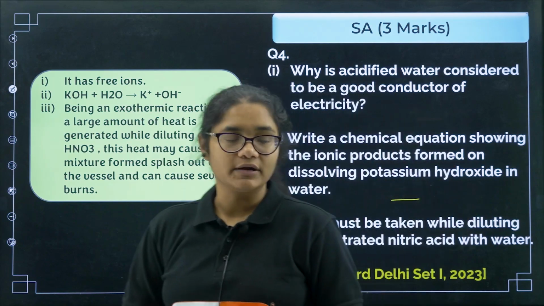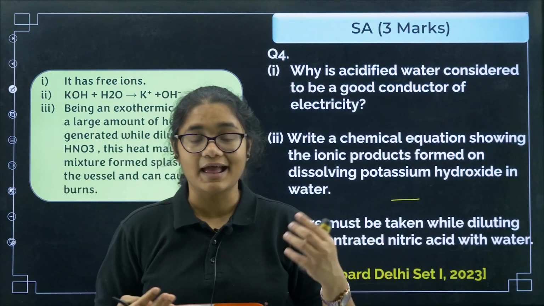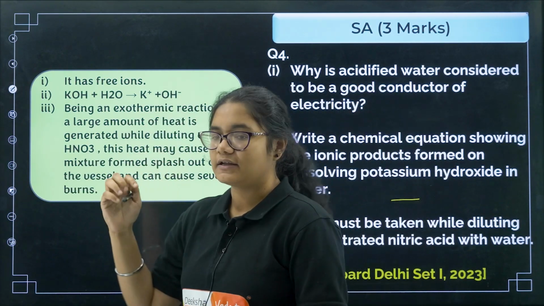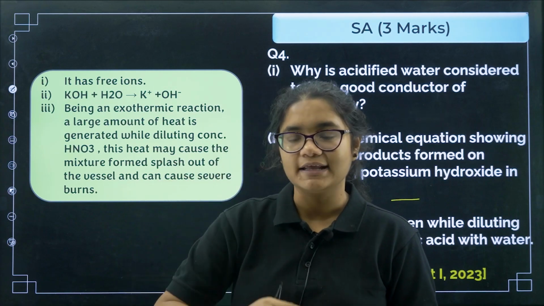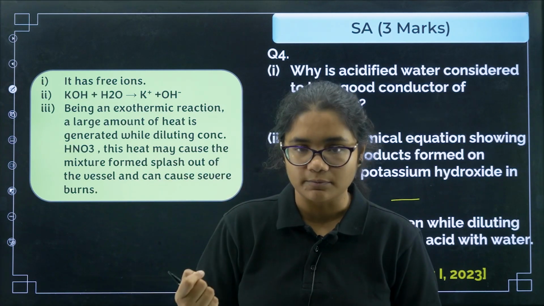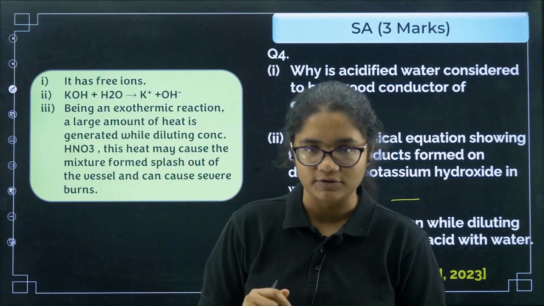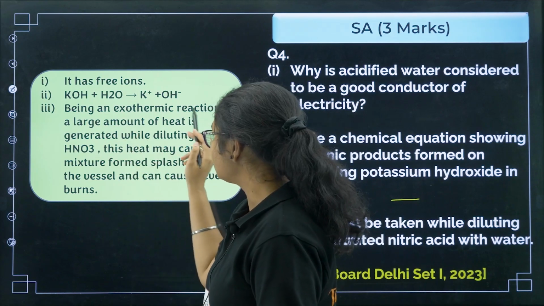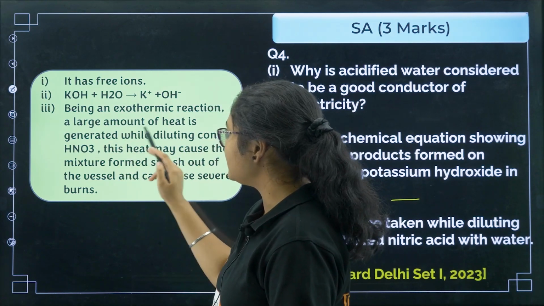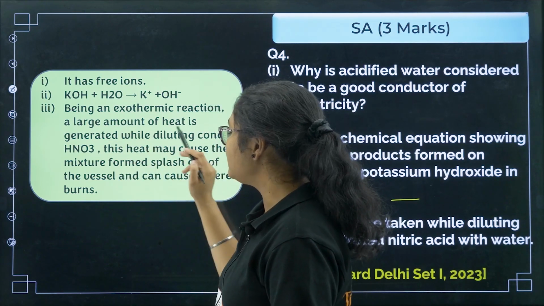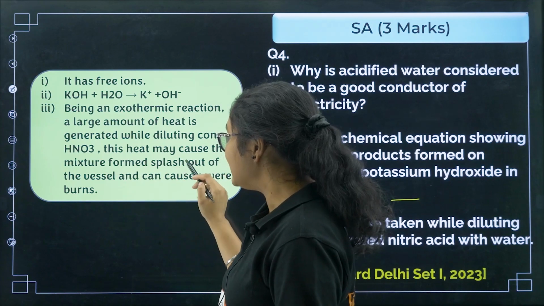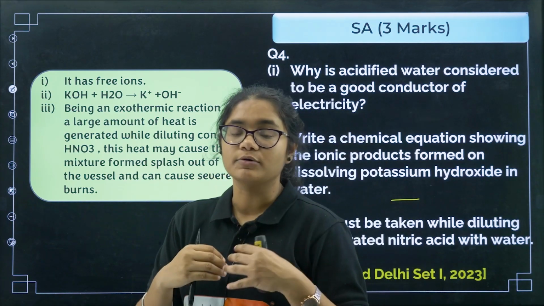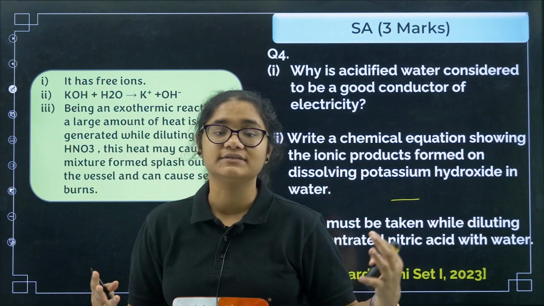Next, very important question, why should you always add acid to water? Dissolving or diluting by adding acid to water is an exothermic process. Heat is released in that process, so a large amount of heat is generated. While diluting concentrated HNO3, this heat may cause the mixture to splash out and can cause severe burns.